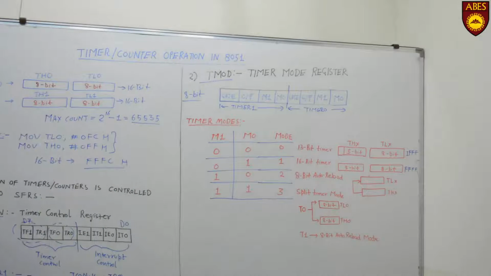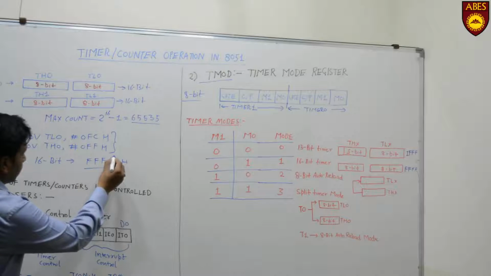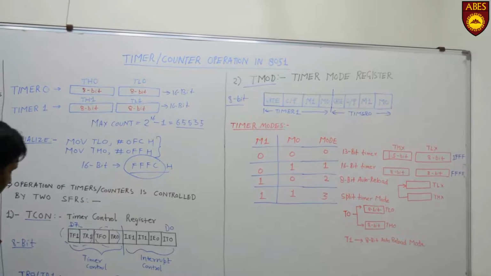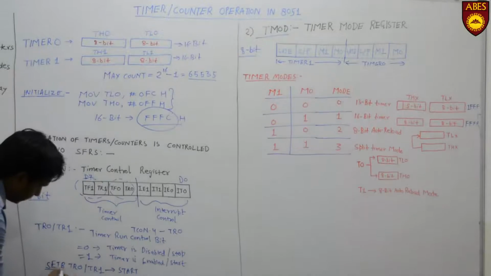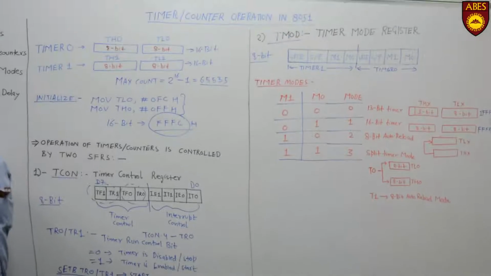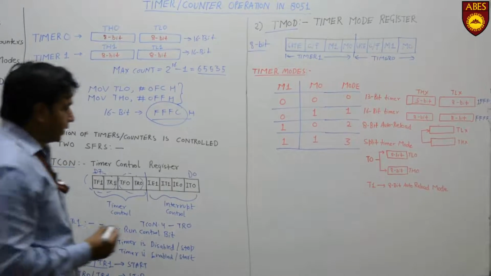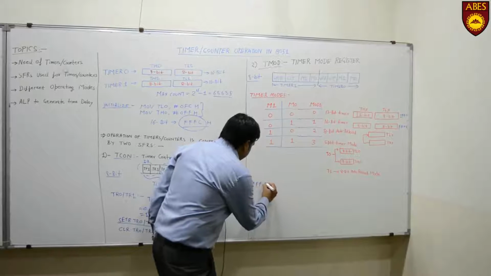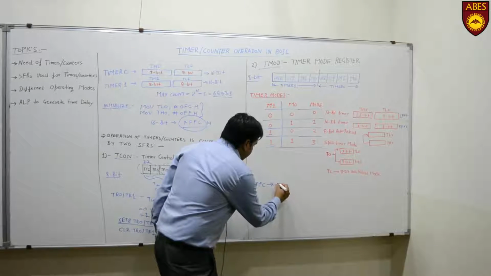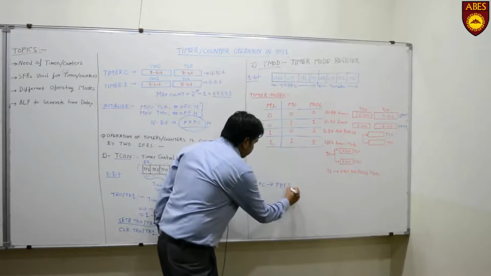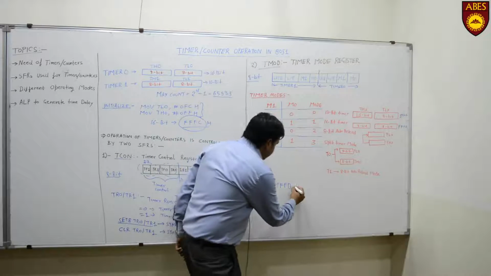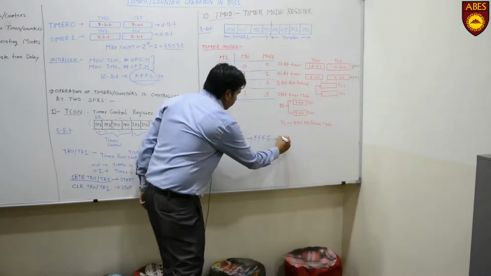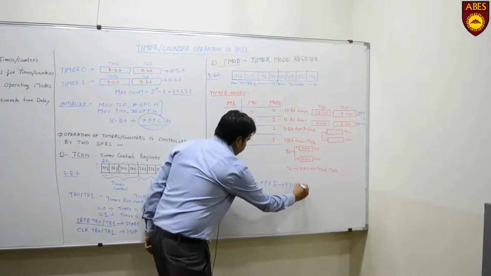We can see it with the help of an example. In this case, we have loaded this timer with the value FFFC. So when we start the timer by applying the instruction SETB TR0, the counter starts counting in the upward direction. The initial value is FFFC, then it increments to FFFD, then the next value is FFFE, and the last or maximum value is FFFF.